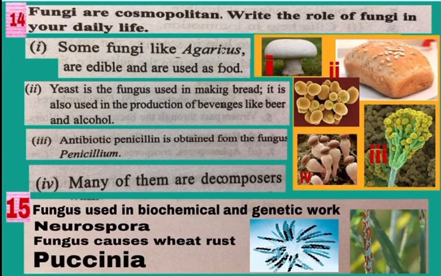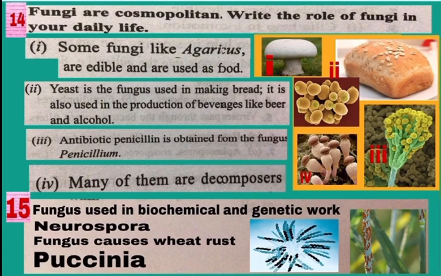Question number 14. Fungi are cosmopolitan, means they are found everywhere. Write the role of fungi in your daily life. See all diagrams number 1, 2, 3 and 4 and note down the role of fungus in our daily life. Number 1, fungi like Agaricus are edible, we eat them and they are used as food.